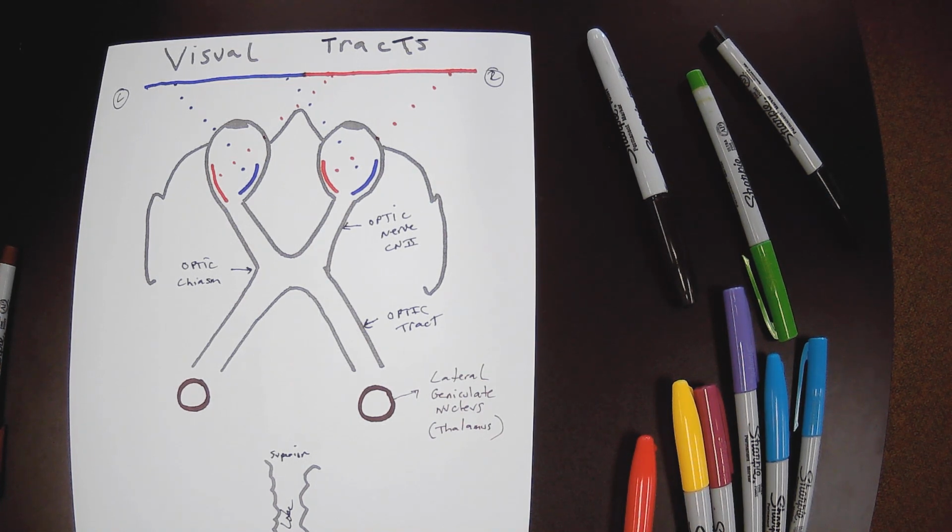Everybody good? Okay, so the easiest one to do is going to be the temporal retina.